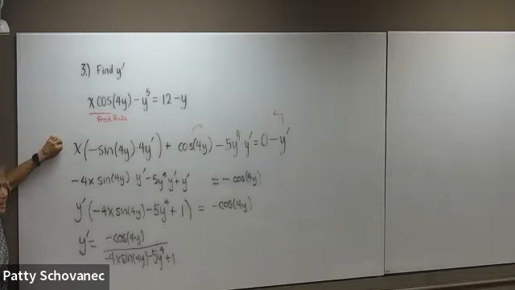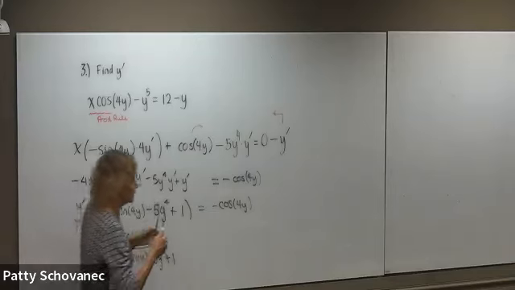All right, so the next example, let's use our derivative to tell us about the slope of the tangent line, and then write the equation of the tangent line.